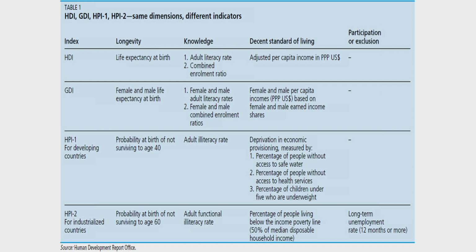So, the HDI, as we have seen, had the dimensions continue to be the same for each of these indices. So, you have HDI, GDI, HPI1 and HPI2. So, this is Human Poverty Index 1 and Human Poverty Index 2. Notice that the dimensions are the same for each of these indices, but the indicators are different for each of these indices.